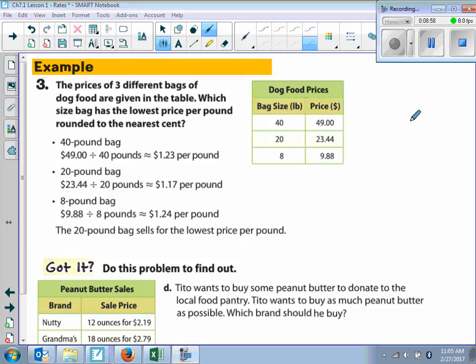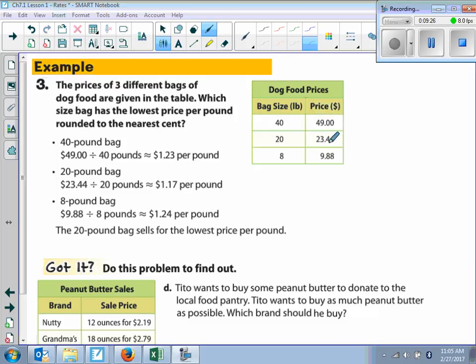All right, so it says, example 3, the prices of 3 different bags of dog food are given in the table. Which size bag has the lowest price per pound, rounded to the nearest cent? And the nearest cent is to the nearest hundredth, right? So here, all they're doing is they're finding the unit price for each one of them. So this is $49 for 40 pounds.